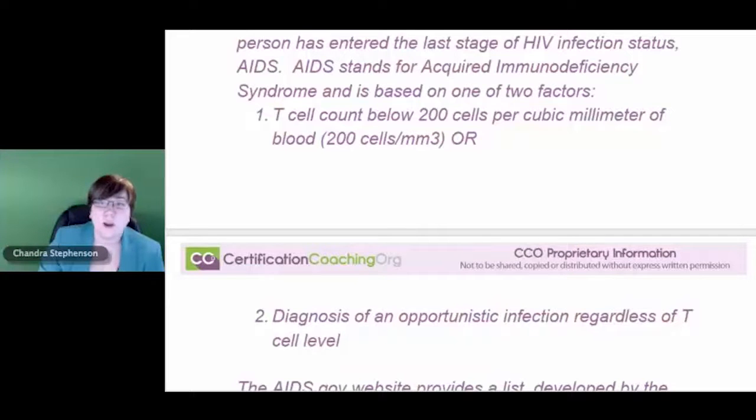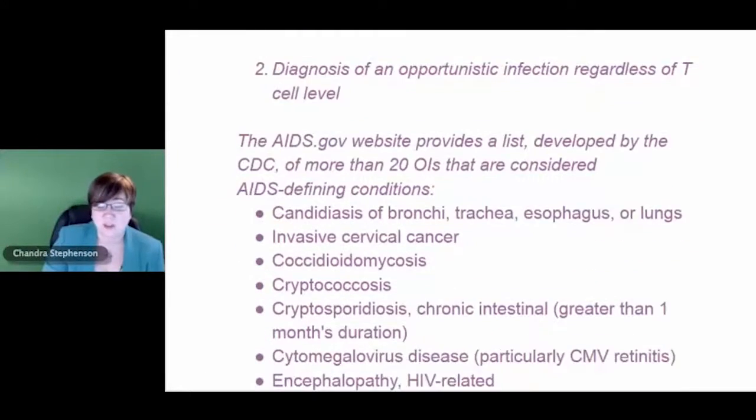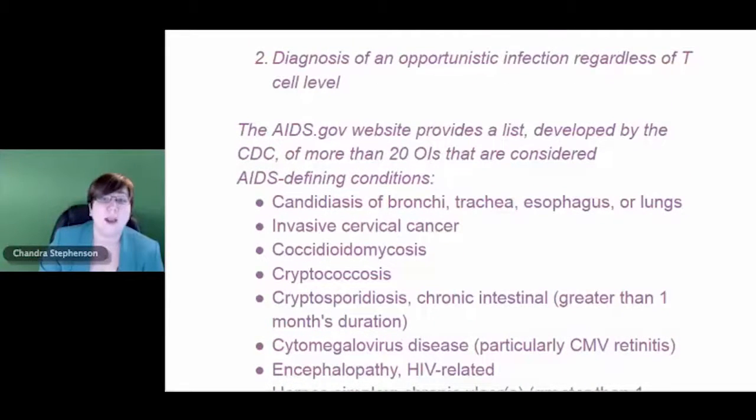Once they get to the point that they have a diminished T cell amount, right? They don't have very many of those cells left to try to fight off infection. Or they've developed what we call an opportunistic infection, then they have progressed from HIV, which is the virus that causes AIDS, to AIDS.